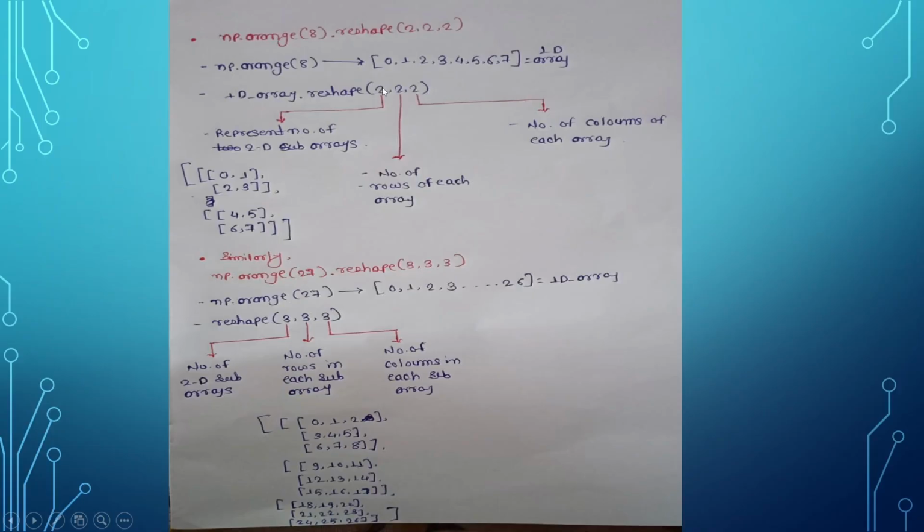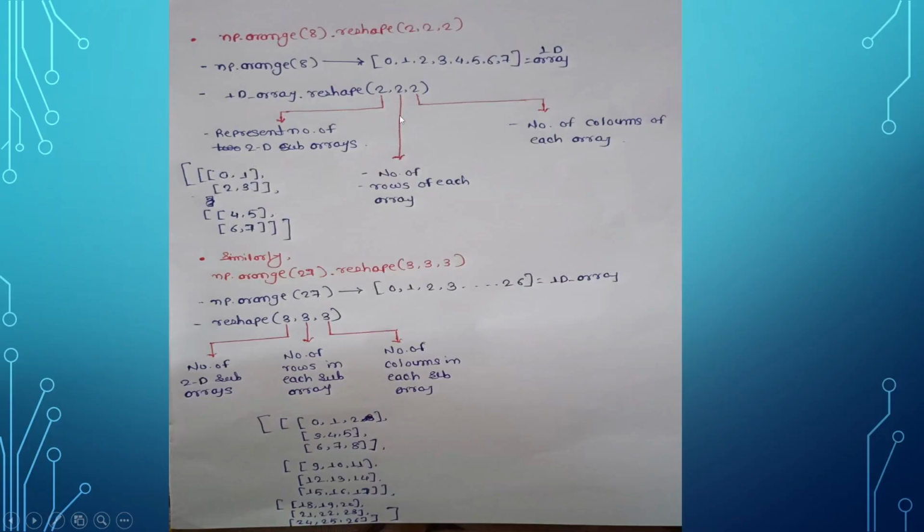So this first two represents the number of two-dimensional sub-arrays. I am pointing here with the arrow. So this 2 means the number of two-dimensional arrays, which are basically sub-arrays. This is the first sub-array and this is the second sub-array.